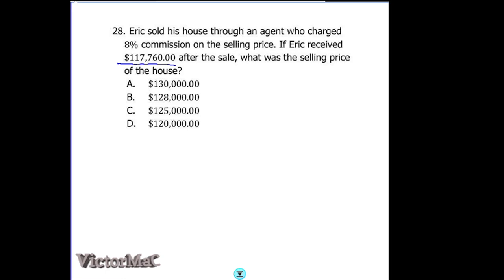So 100% of the selling price is still the selling price, plus extra 8% that goes to the agent.